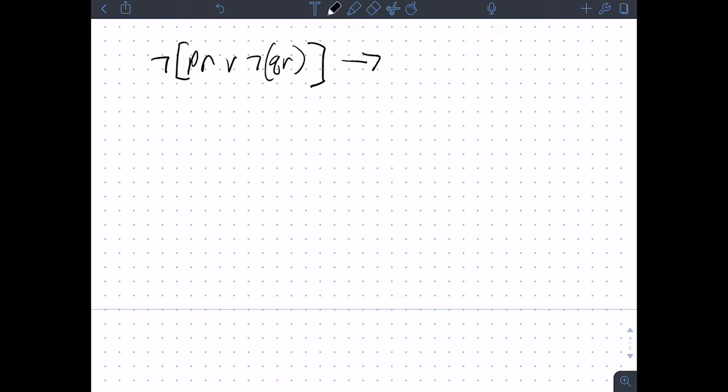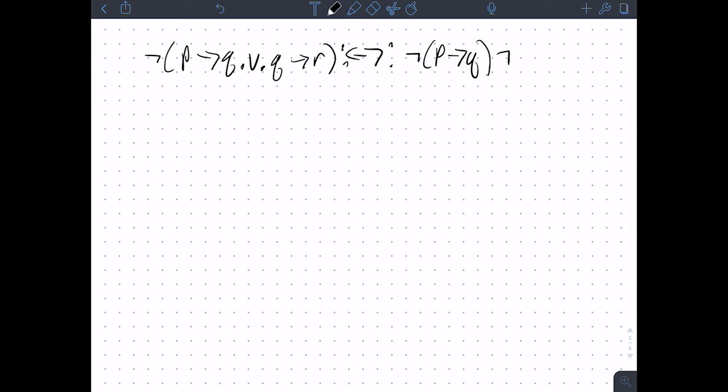Right, so that's equivalent to, and you can replace it with, at your leisure, not P and R, and not the conjunction of not P and R and not Q and R. But again, double negations cancel out, so you can just skip right to this if you so desire.